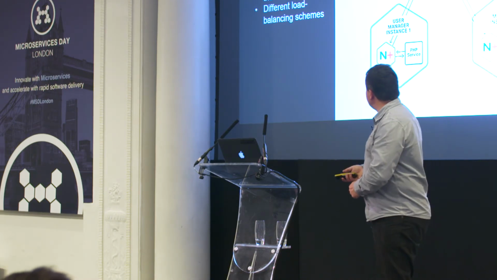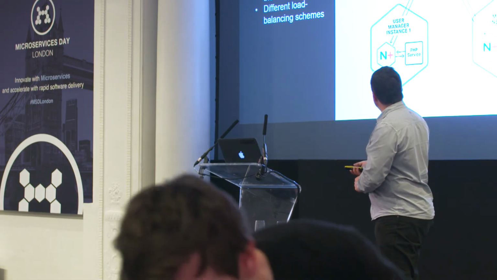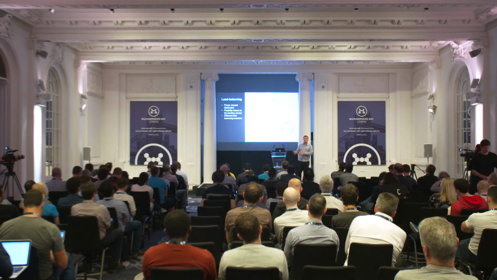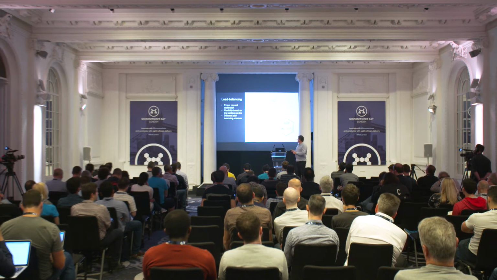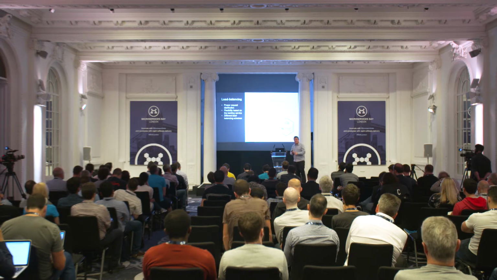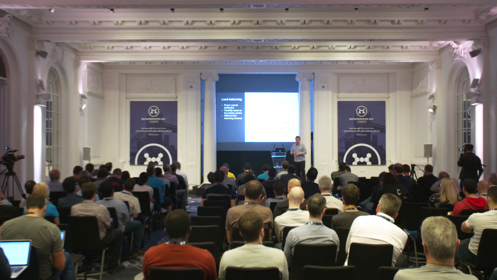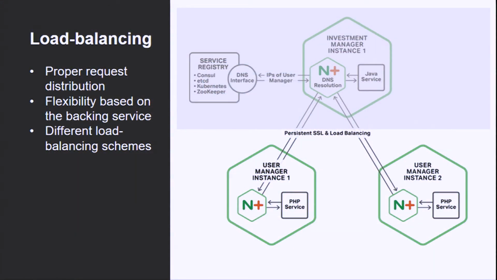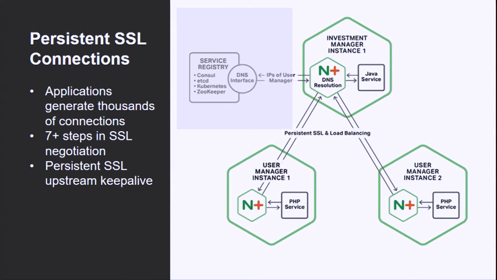Our slow start capability, the health checks built into Plus, allow you to identify those sorts of situations and work around them. The persistency gives you performance, the range of different load balancing, the ability to use session persistence allows you to cope with the vagaries of different applications. The persistent SSL connections give you a significant performance boost.